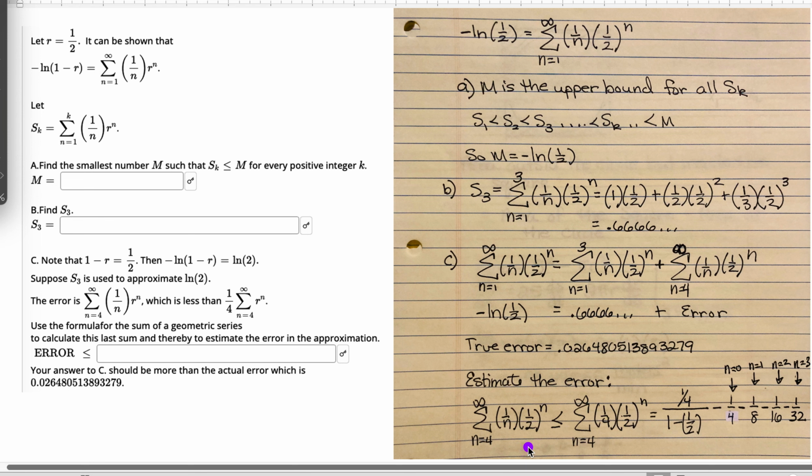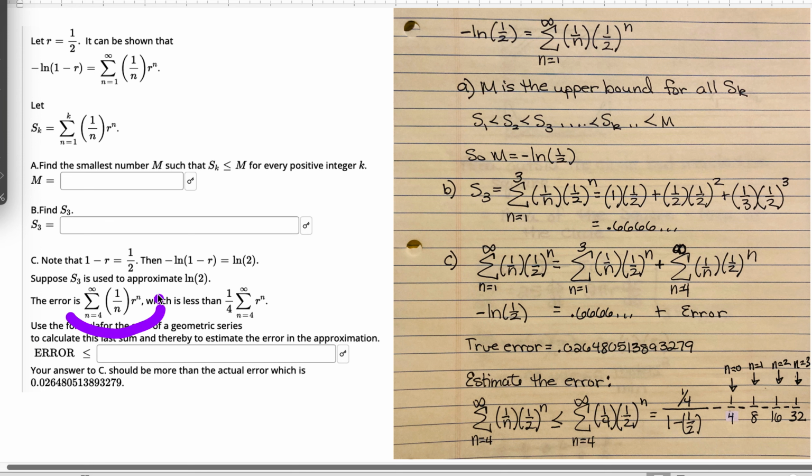When we do that, we're going to get 0.03125. When I do all of this arithmetic, we get 0.03125, which is going to be more than the true error because this is bigger than this. But it's an estimate of the error, and that's what they're asking you to do here.